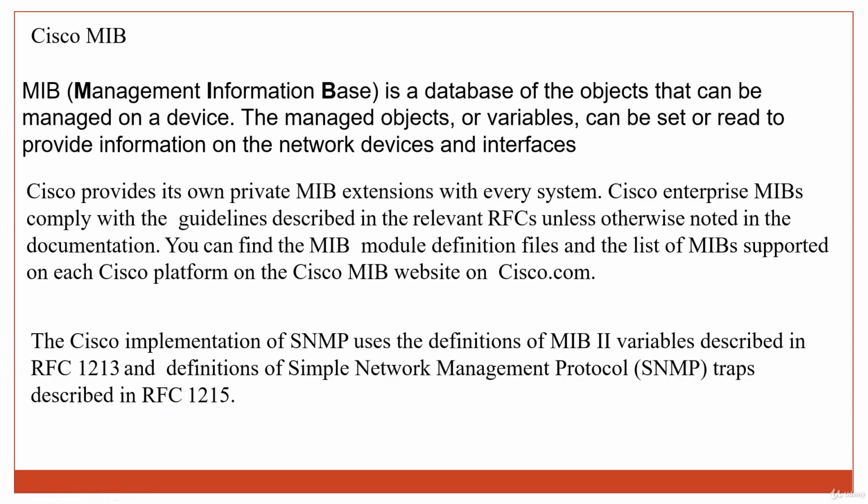Even with respect to Cisco, if you want to see the tree structure and the hierarchy, you can go and check the Cisco MIB, and you'll get a long list of MIBs related to most things. For example, information related to protocols, traps, flaps, CPU, interface monitoring, etc.